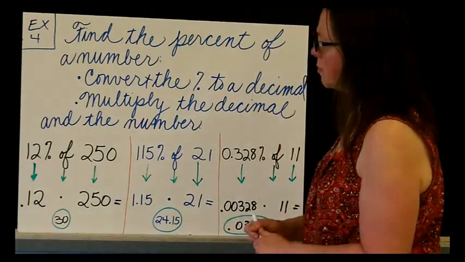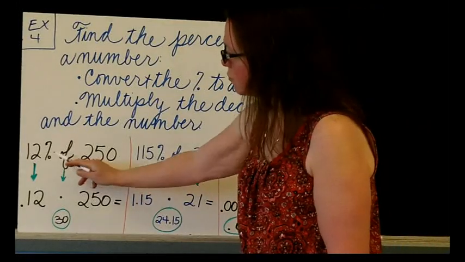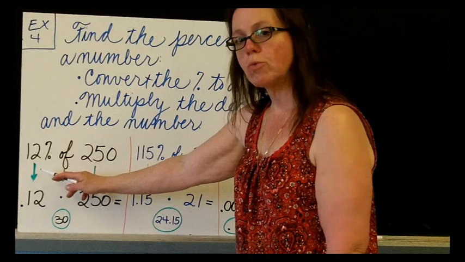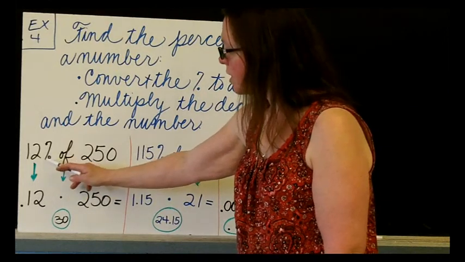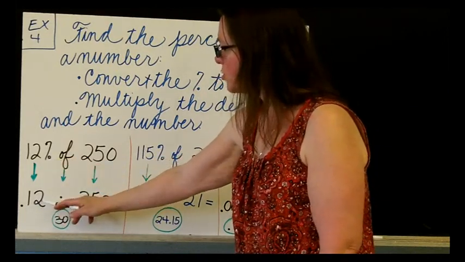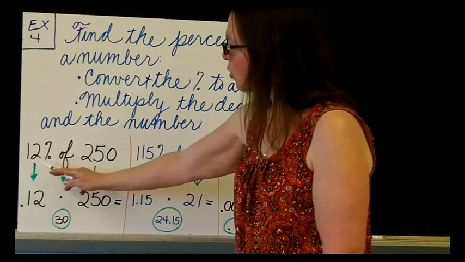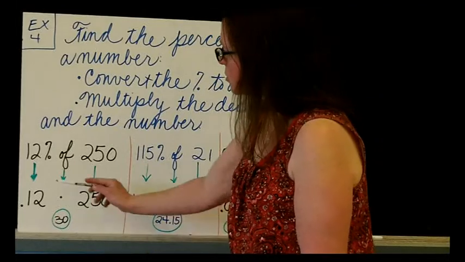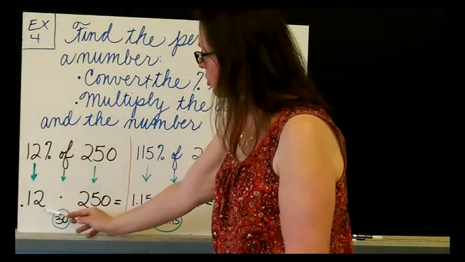Just so you remember from before, to move from a percent to a decimal means dividing the number by 100. So 12% becomes 0.12. Here we're looking for 12% of 250. So our 12% is 0.12.